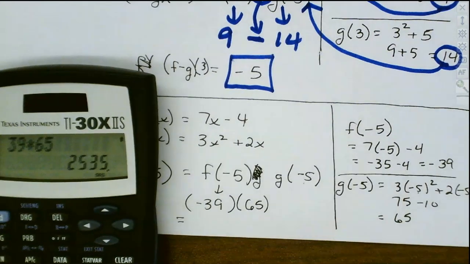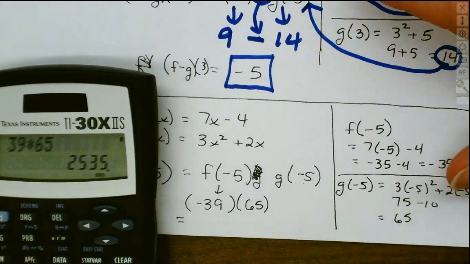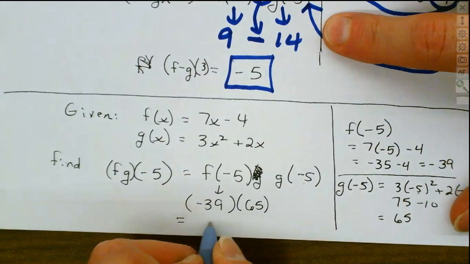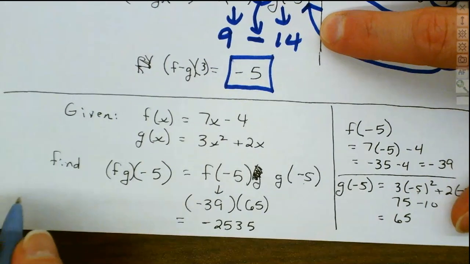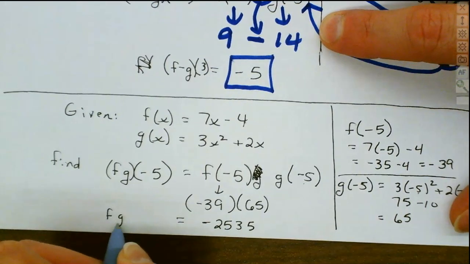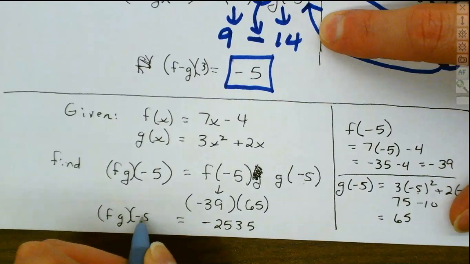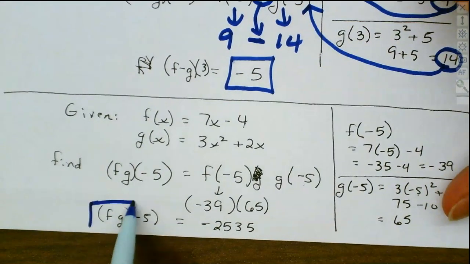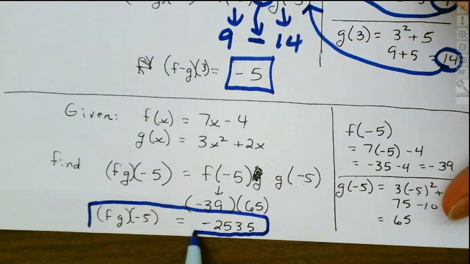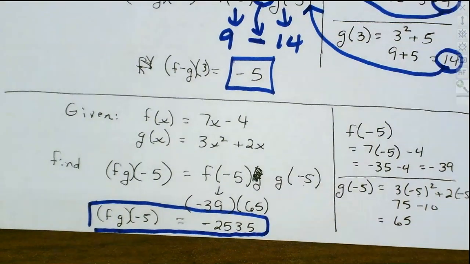That gives you 2,535, and it's going to be negative because one negative keeps it negative. And that is f times g of negative 5. Number in, number out. Very important that you understand that. You just do each one individually and multiply them together.